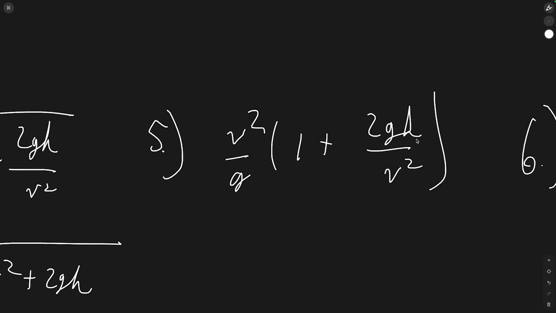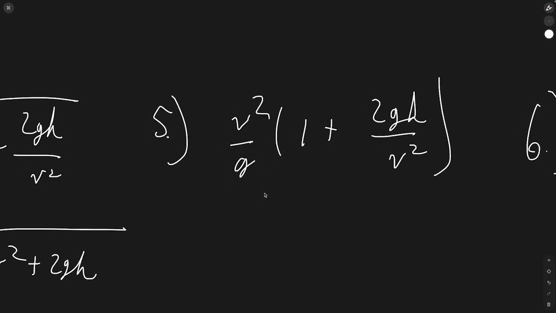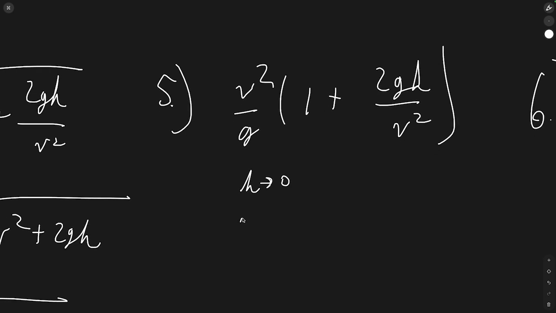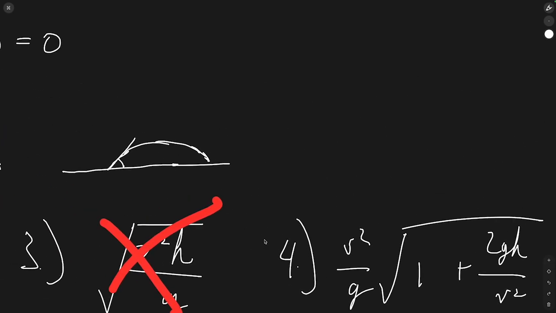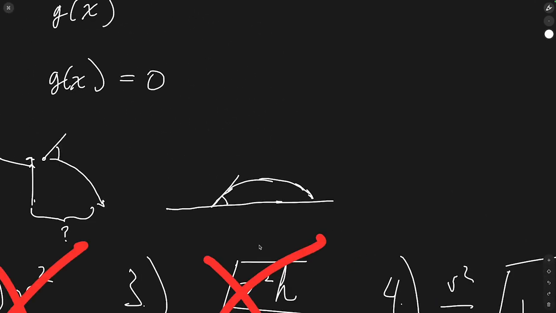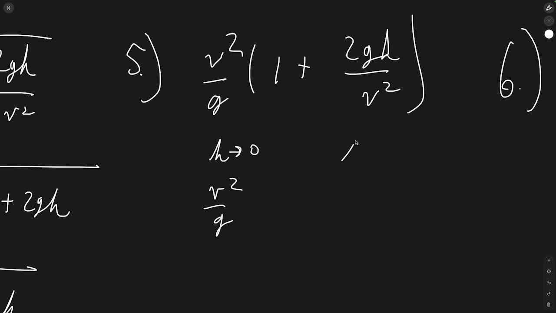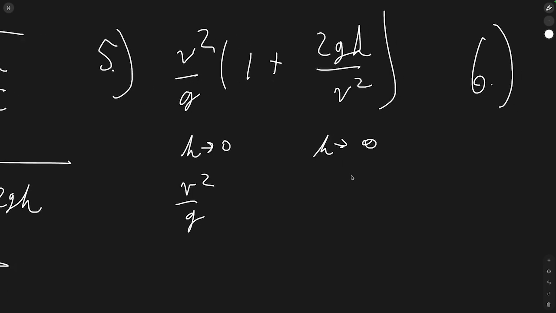Okay, what about when h goes to 0 here? What's happening here? When h goes to 0, we have v squared over g, and then just 1. Okay, that is fine. I'm all right with that. What about when h goes to infinity? What do we have?